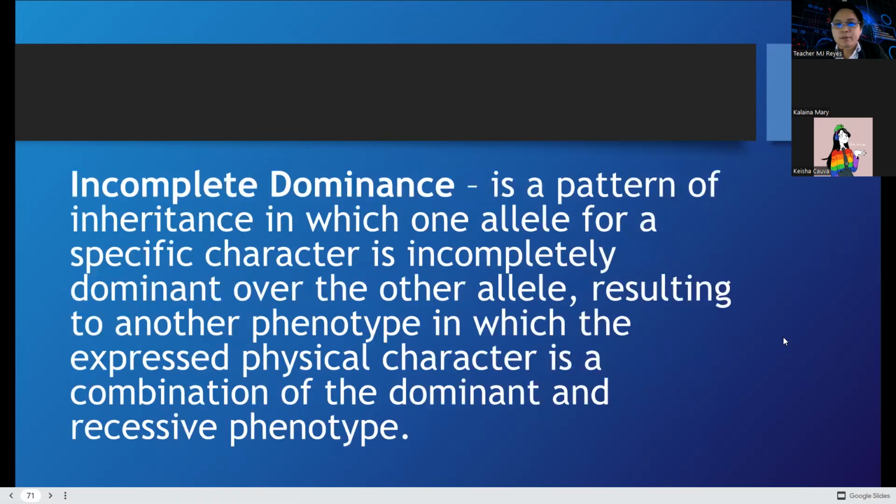One non-Mendelian inheritance is incomplete dominance. Incomplete dominance is a pattern of inheritance in which one allele for a specific character is completely dominant over the other allele, resulting in another phenotype in which the expressed physical character is a combination of the dominant and recessive phenotype. Hold on for a while.